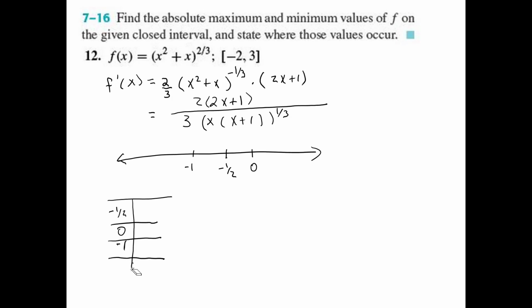We also need the endpoints, and the endpoints are negative 2 and 3. Make sure that all of your critical points fall in the interval from negative 2 to 3, and in this case they do. And again, x, f of x. And again, what we want to do is go to y equals and put this in.